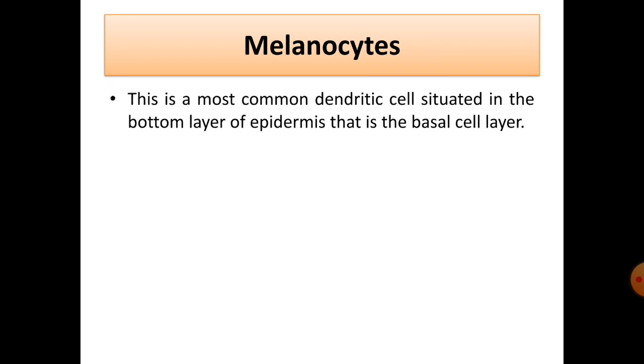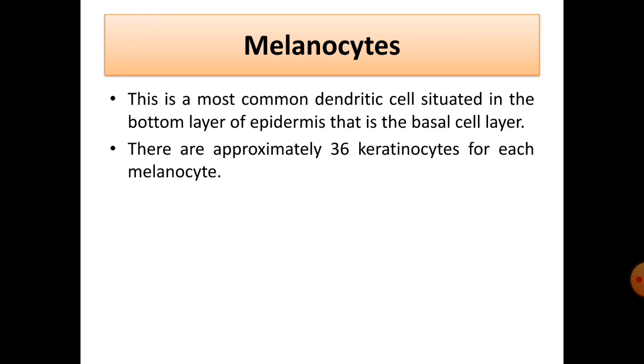Now melanocytes. This is the most common dendritic cell, situated in the bottom layer of the epidermis, the basal cell layer. There are approximately 36 keratinocytes for each melanocyte.